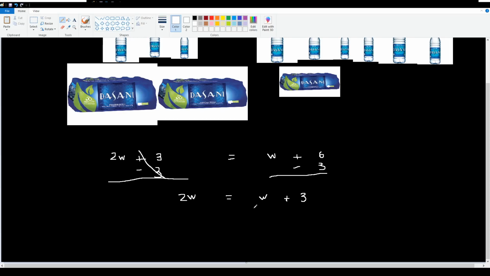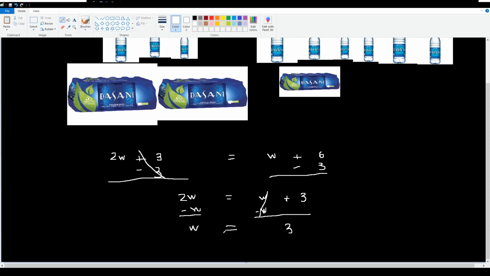So what we're going to do here is subtract both sides by w because there is a w here. What we do on one side, we have to do to the other. So 2w minus w is w. And w minus w is nothing. So that gets eliminated. And we carry down the equal sign. And we bring down the 3.